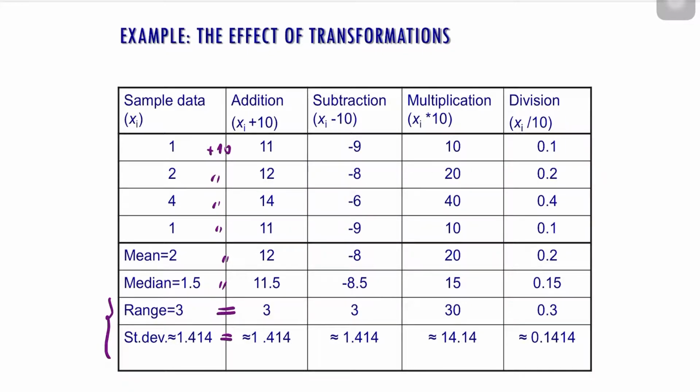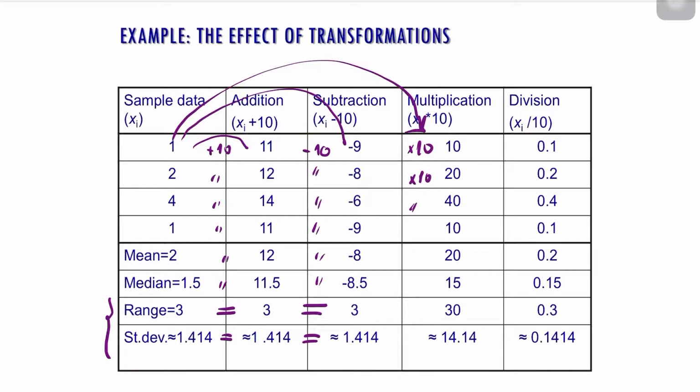Also we have subtraction, minus 10. Again, same situation until the end. And again, range is the same, and standard deviation. If we multiply, for example, 10 times from the first, it is plus here, minus here, multiply here, again multiply by 10, and range and standard deviation will be the same.